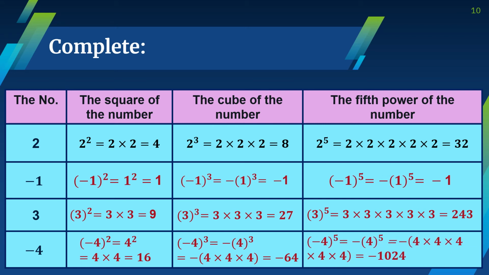And the fifth power of the number will be negative 4 power 5 equals negative 4 between brackets power 5 equals negative 4 times 4 times 4 times 4 times 4, equal to negative 1024.